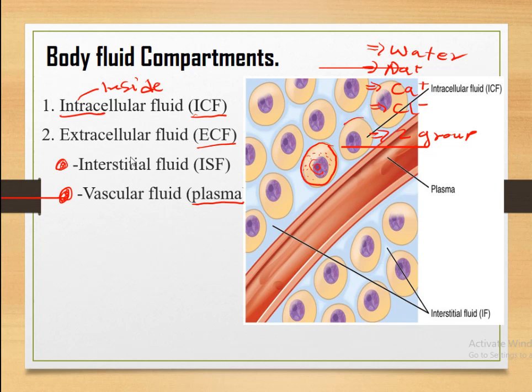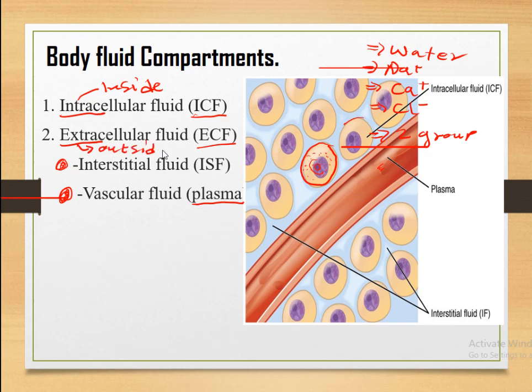The other one is the extracellular fluid. Here we have the plasma, and there are so many things found in the plasma. The plasma makes up part of the extracellular fluid. When you talk of extracellular fluid, we are talking about the outside.